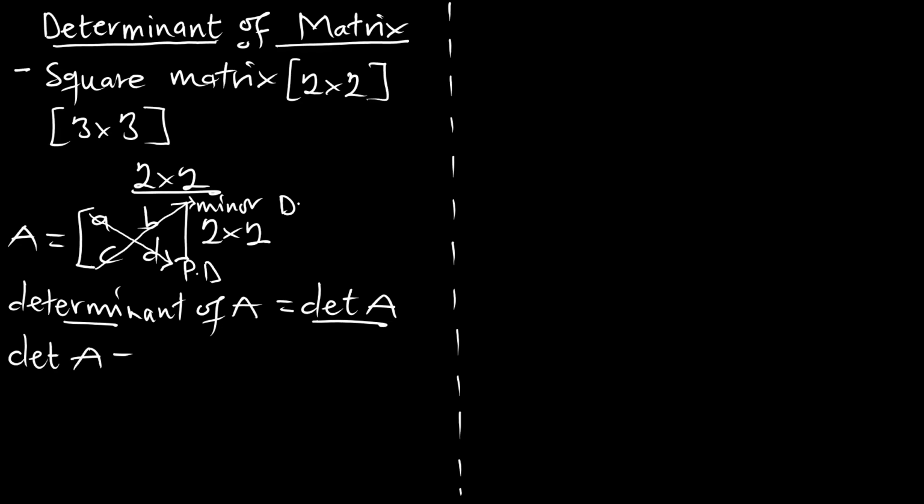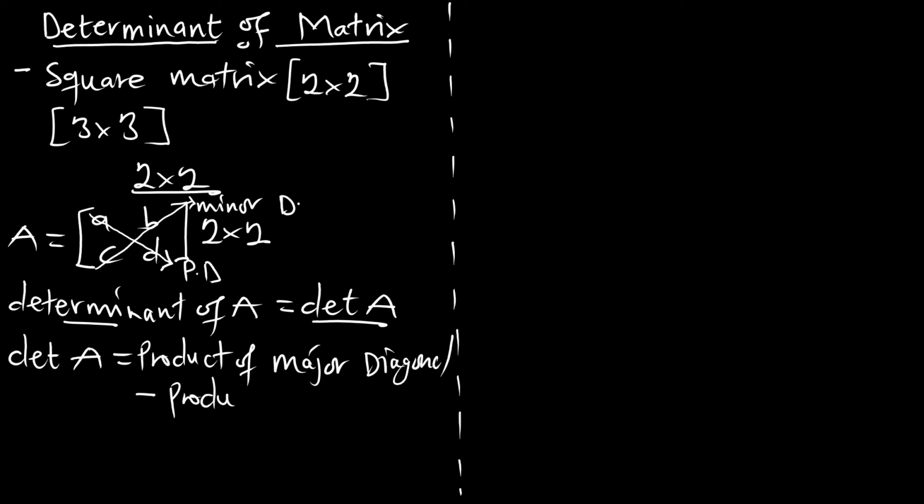Anytime you want to find the determinant of a 2 by 2 matrix, the formula is the product of the major diagonal, or principal diagonal, minus the product of the minor diagonal. Very simple.